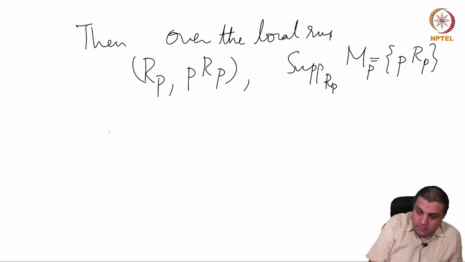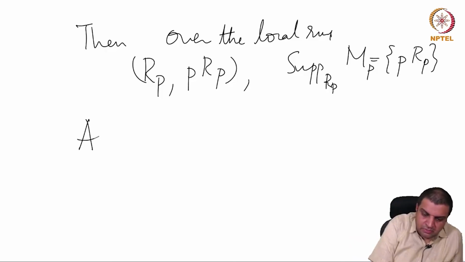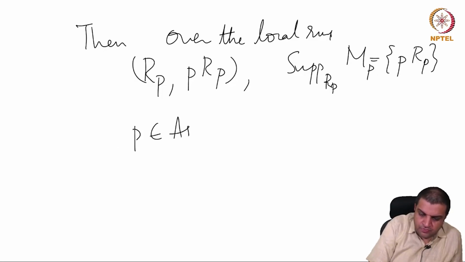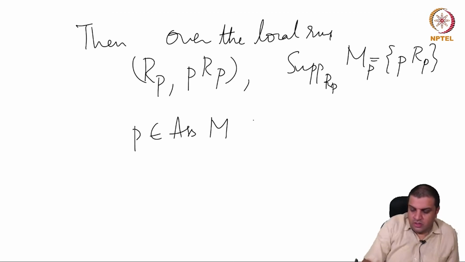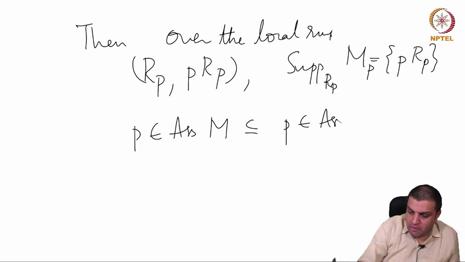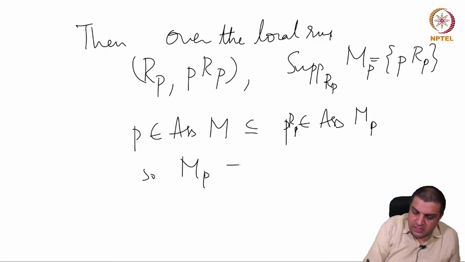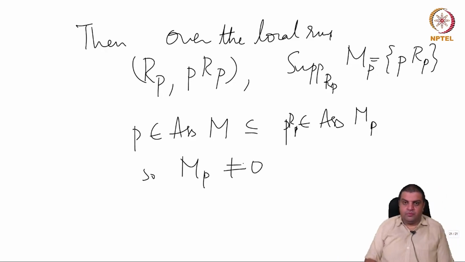And okay, so first observe that associated primes of M, okay, so P associated to M implies that P R_P is associated to M_P. So M localized at P is not 0. Okay.